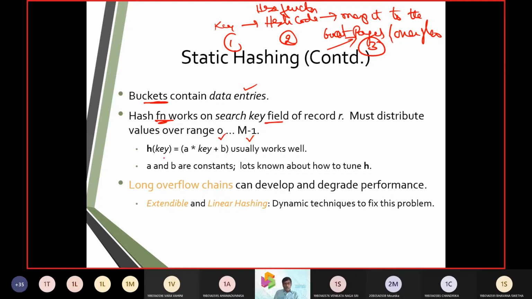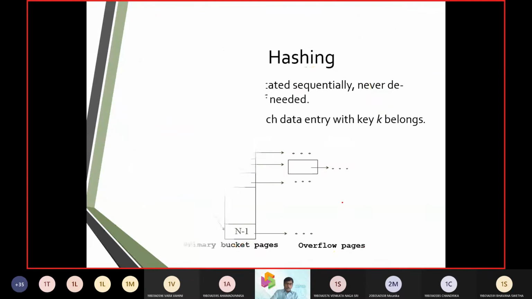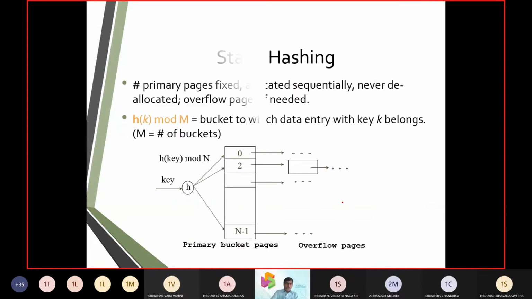So we are computing this with the hash key equals a into key plus b, where we take up some certain constraints, primary key constraint, not null, unique, all these aspects. And one drawback here was if the overflow was there, then it is going to degrade the performance. So that was the drawback estimated at this point.